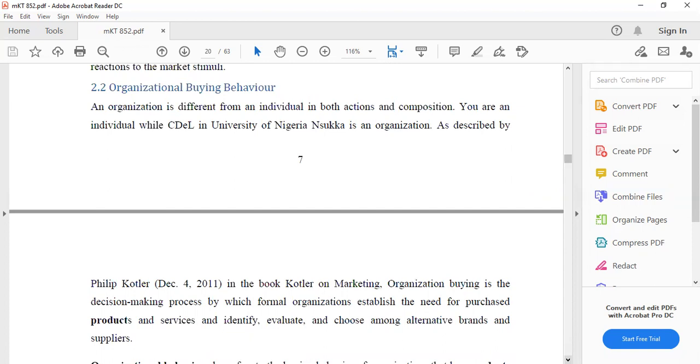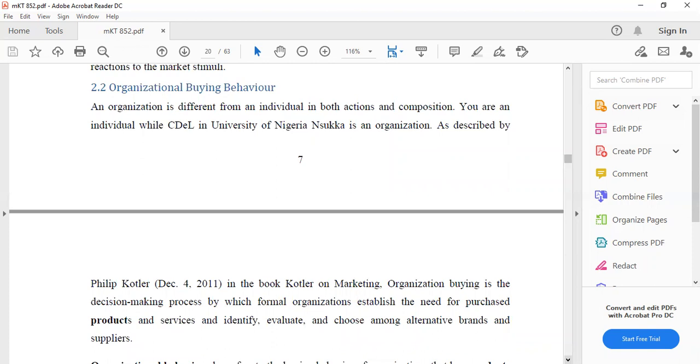Because first of all, the organization has to establish the need to make a purchase of product or services, then evaluate that need and choose among a variety of brands and suppliers, because generally, products have alternatives.